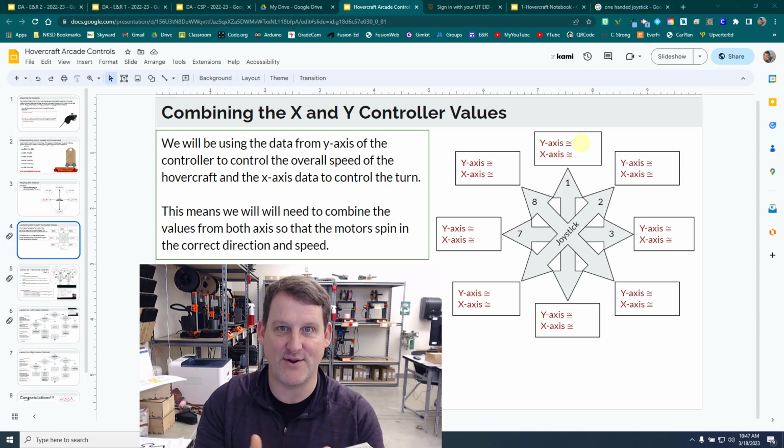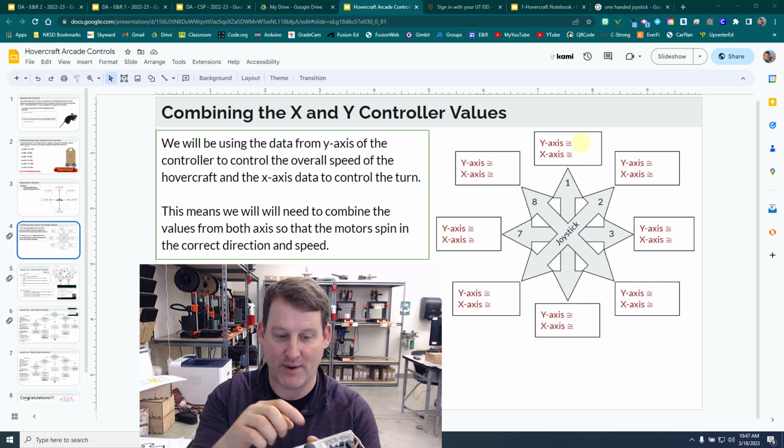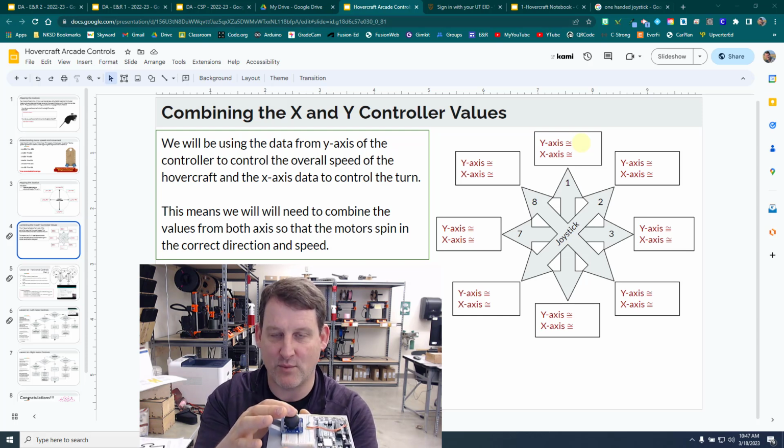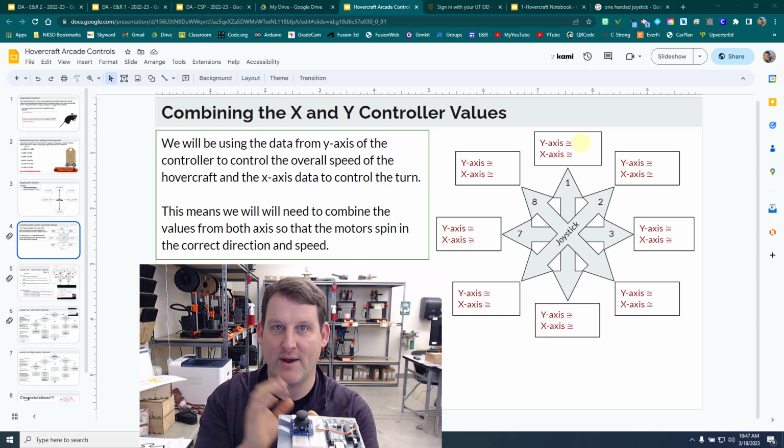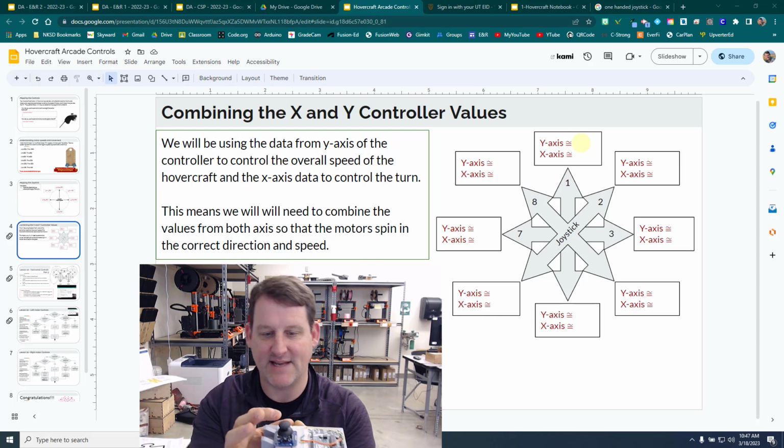So first thing we need to do is remap the values that we're getting from the Arduino. Instead of being 0 to 1023, we're going to remap them so that they're -100 when you pull back, and +100 when you go forward, and 0 in the middle. Same thing for the x-axis, -100 to the left, +100 to the right, and 0 in the middle.